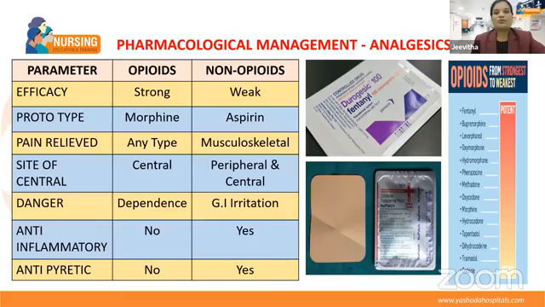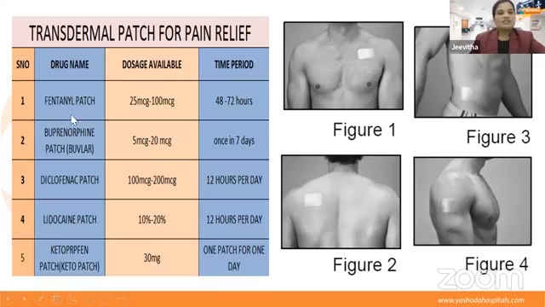Most of the time it is used for orthopedic patients, like if they have low backache or leg pain; for those conditions you can use these patches. As I mentioned, the fentanyl patch should be applied in these regions, because as a nurse you should be very careful about where medication goes.